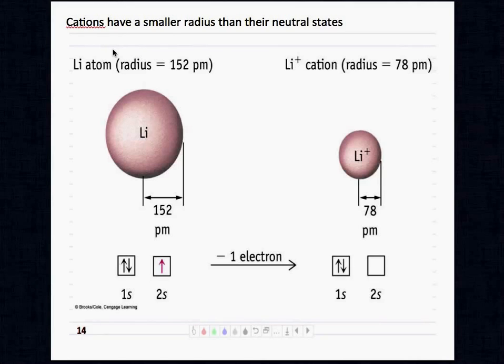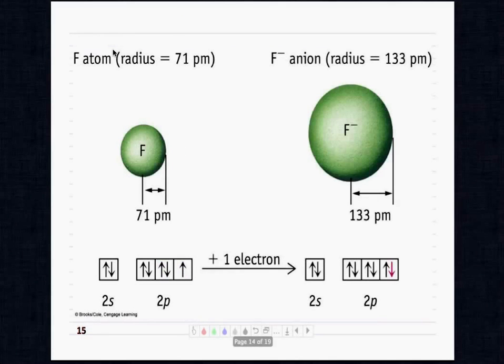Okay. Now, what about an anion? What if we add an electron to an atom? Let's take the example of fluorine. This is the electronic configuration of fluorine.